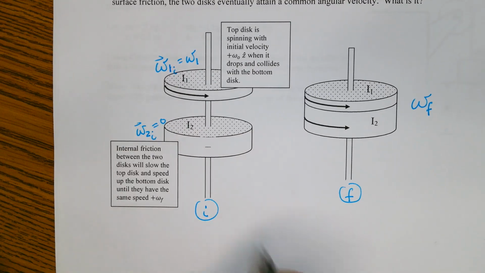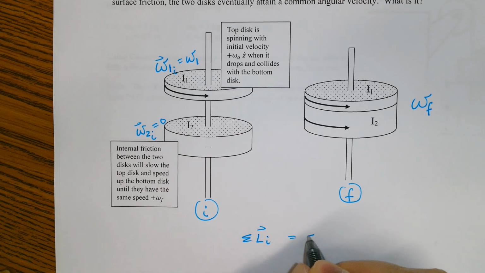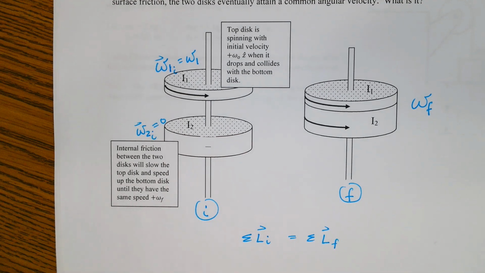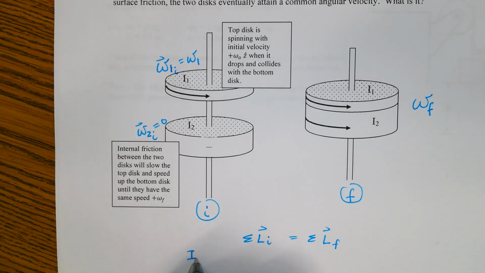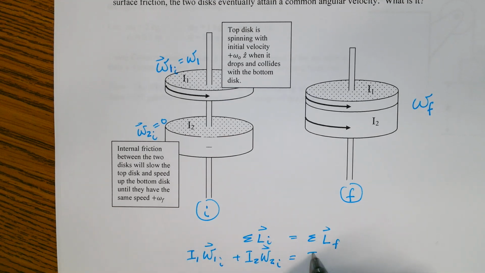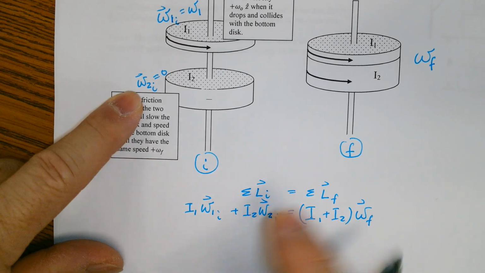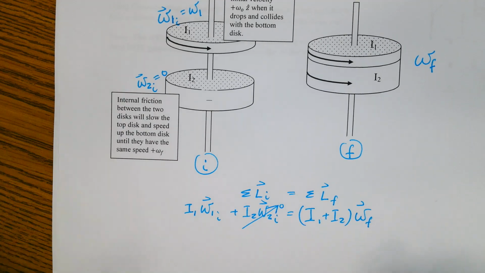Again, we have to just start with the conservation of angular momentum. Initially, I have I1 omega 1 initial plus I2 omega 2 initial is equal to I1 plus I2 omega final. We know that this omega 2 initial is 0, so this whole term just drops out.